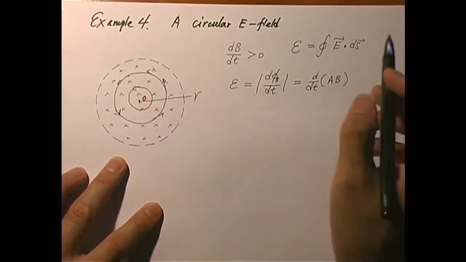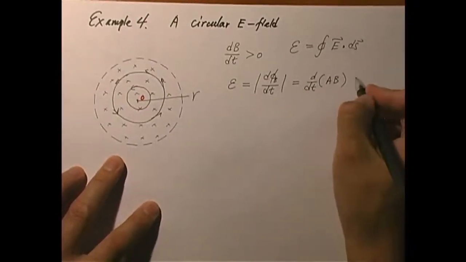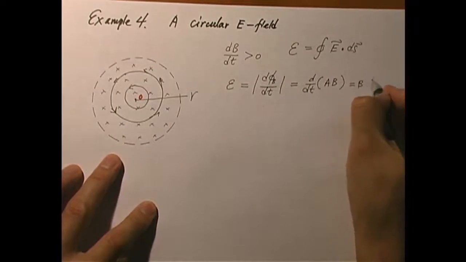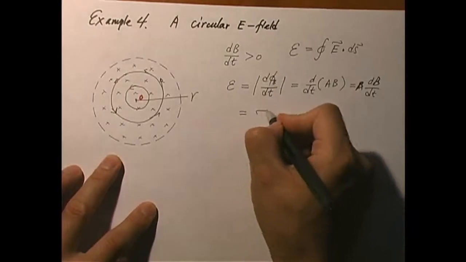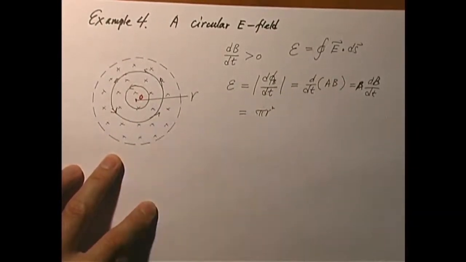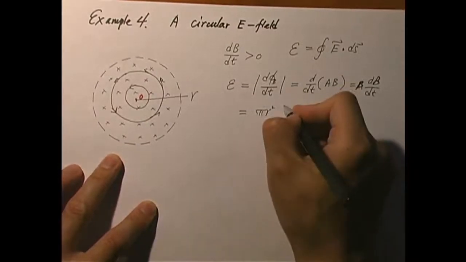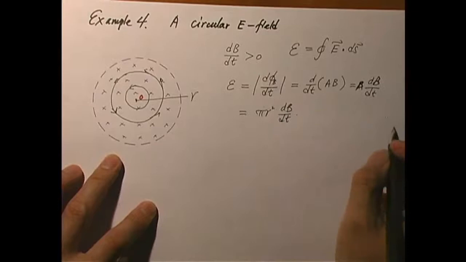B is the uniform magnetic field. So I can write this as B dA/dt. I'm sorry, A dB/dt, because B changes but A doesn't. What's A? A is pi r squared. This radius from here to there is r. dB/dt is whatever constant it is. That's given in the problem statement.